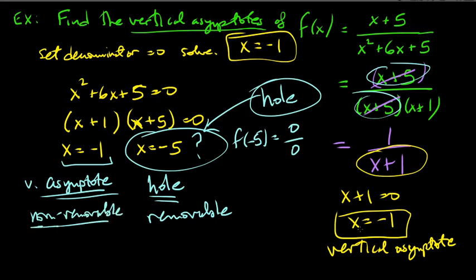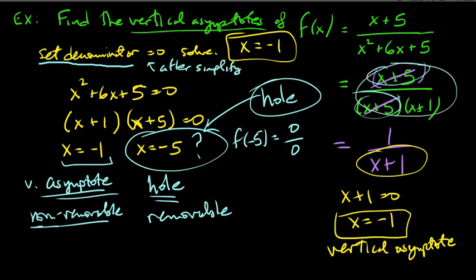So it's not just setting the denominator equal to 0. It's setting the denominator equal to 0 after you simplify. Sorry, a little sloppy here. So you set the denominator equal to 0 after you simplify, after you factor and cancel.